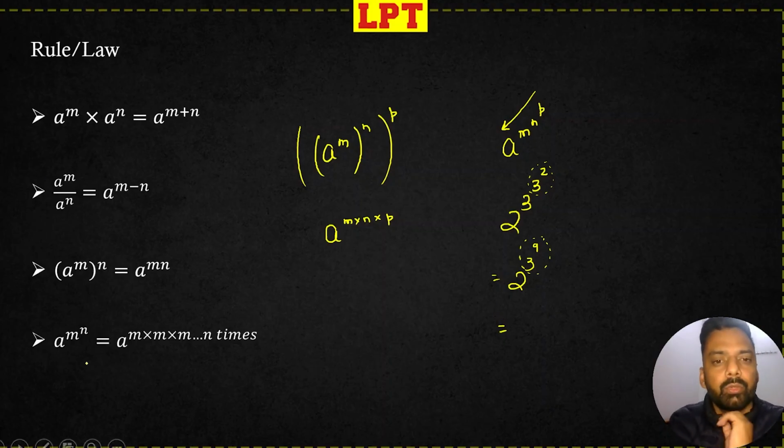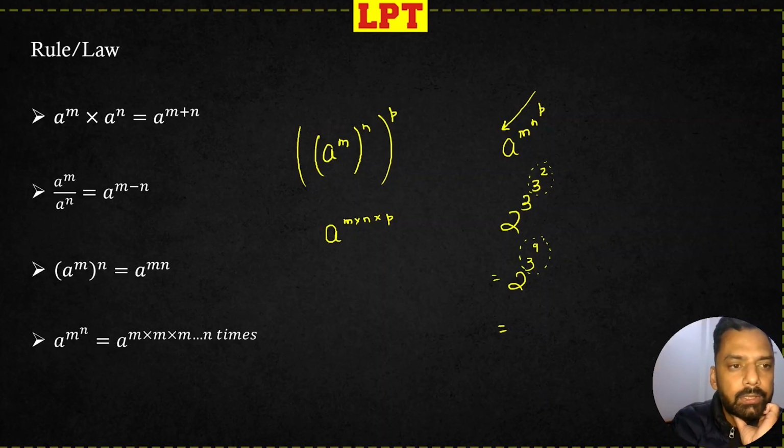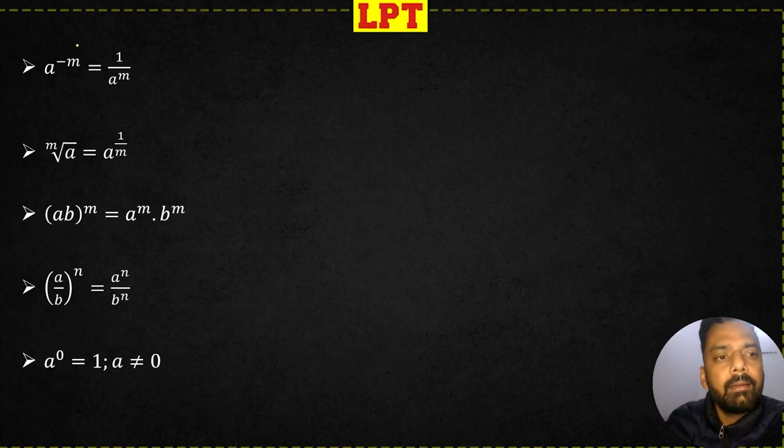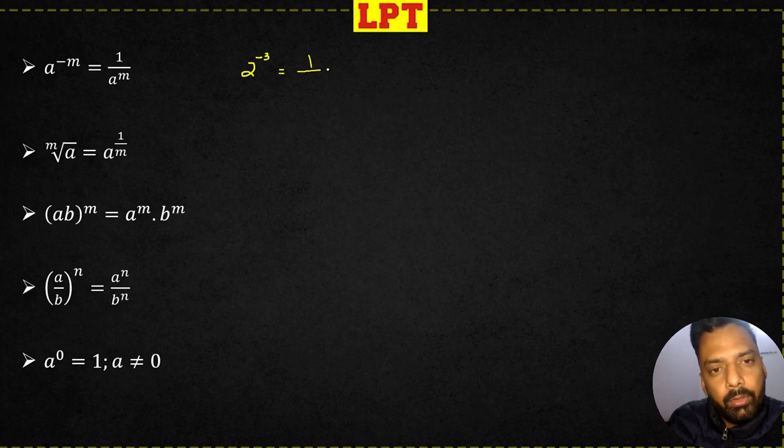Now moving to another page. Now this is the fifth law, a to the power minus m. Whenever I have a negative power, it means you just have to reciprocate it. If I have 2 to the power minus 3, it simply means 1 upon 2 to the power 3.